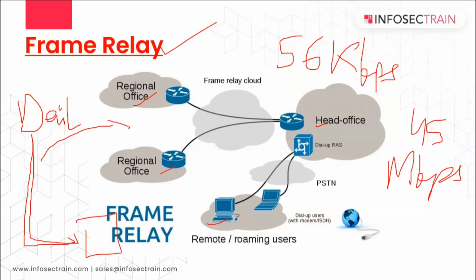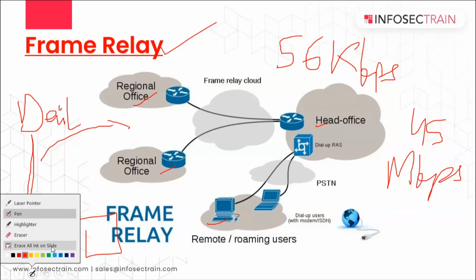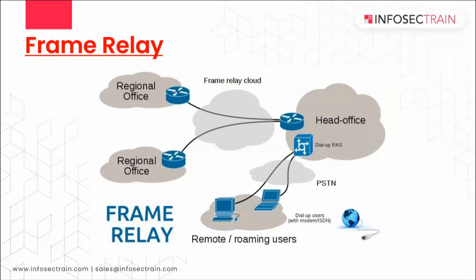Now, just rephrasing the entire part in frame relay, what you used to do is, first of all, from your device, let's say you are in this regional office, you will make a connection to your head office, right? Once a connection is established, you will be using packet switching. You will be sending your data in multiple packets over here, and that data will be reassembled over here, and the person sitting in the head office will receive that particular data, right?